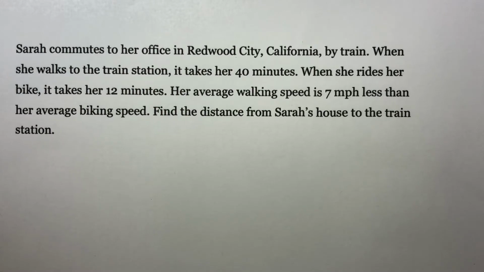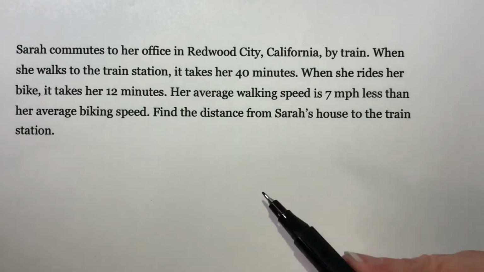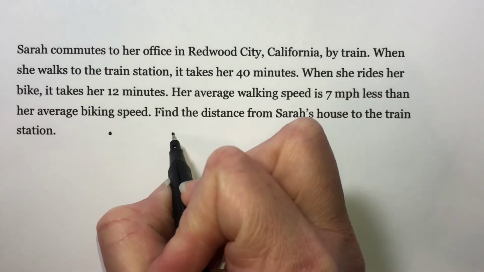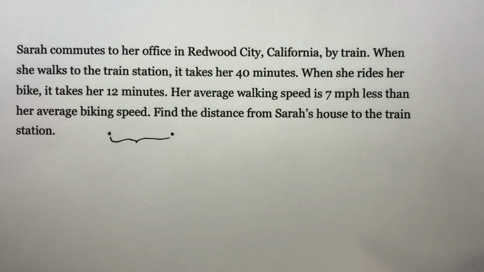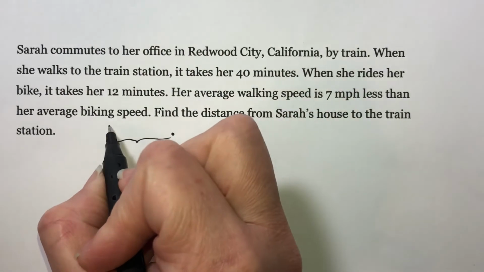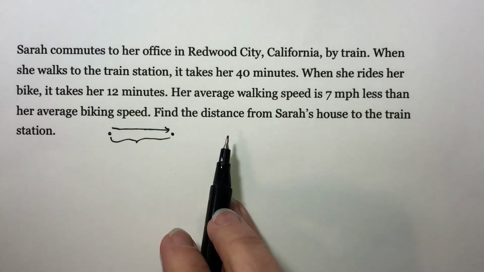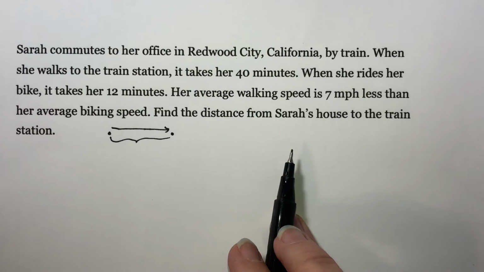Now there is a whole lot going on here, okay? We know that we are starting from her house and we're going to the train station. So this distance should be the same no matter what, okay? And we're starting at her house every time and going to the train station every time. So we're traveling the same distance and we're traveling in the same direction, okay?